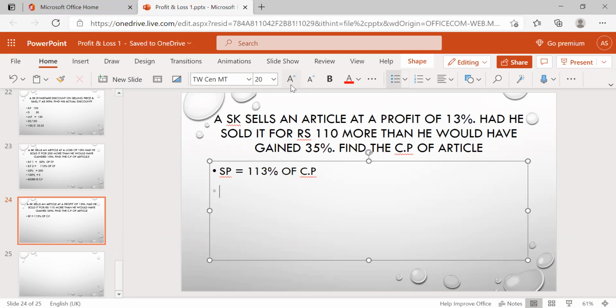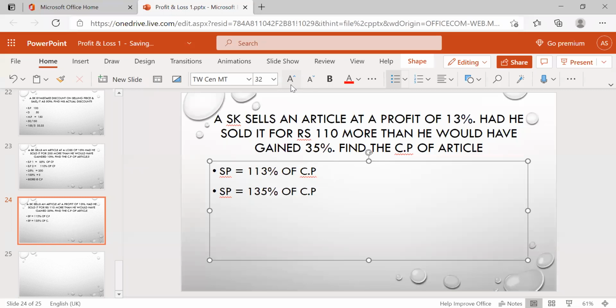And the second time, what he did: the selling price, he increases the profit percentage. Increasing the profit percentage means he increased the amount and gained extra profit. So the selling price is 135% of CP the second time.